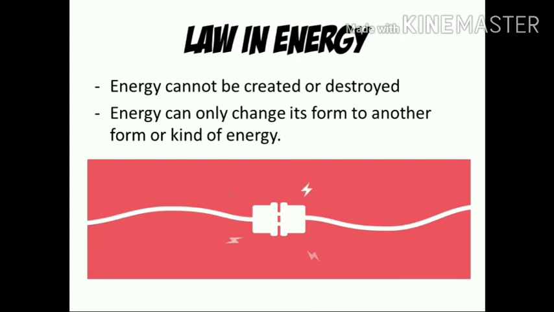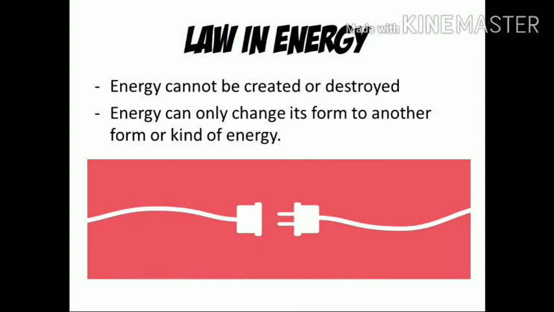For example, the stored energy earlier, the chemical energy. The example teacher used for chemical energy is the cell phone. Once you plug your cellphone into an outlet, we have electricity. The electrical energy will change into chemical energy.